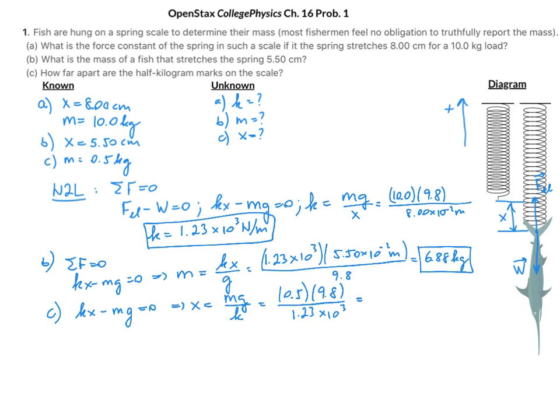So when I plug in these numbers, I end up with 4 times 10 to the negative 3 meters, or 4 millimeters. So for every half a kilogram, the spring scale will stretch by 4 millimeters.